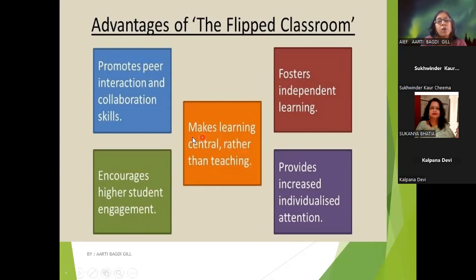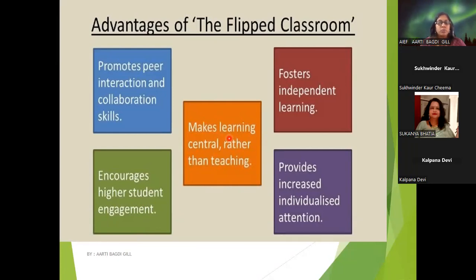Now let's go for this orange one. Makes learning central rather than teaching. Yes, of course. Now this is something interesting which we can talk about. When the teacher is teaching in the classroom, everyone is listening. So here we can ask how many auditory learners are there in the classroom, how many visual learners, and how many kinesthetic learners.